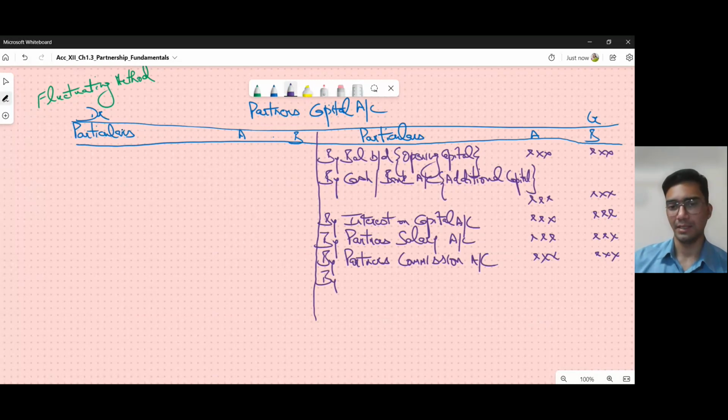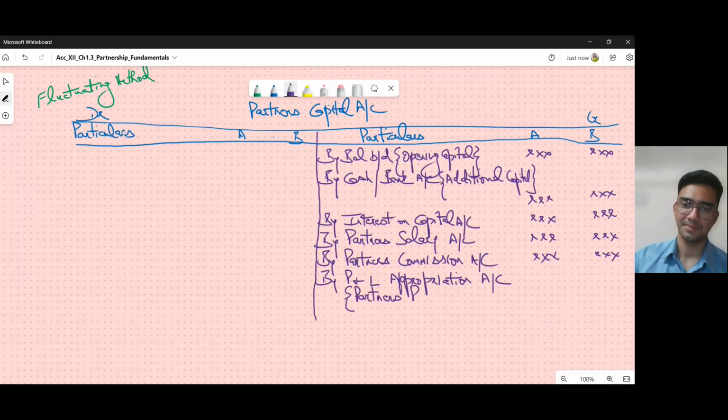Next we wrote by P&L appropriation account. This was our partners' profits. So through our P&L appropriation account, which we make, we may have found out an amount of profit to transfer to them. So we transferred it in the capital account on the credit side.